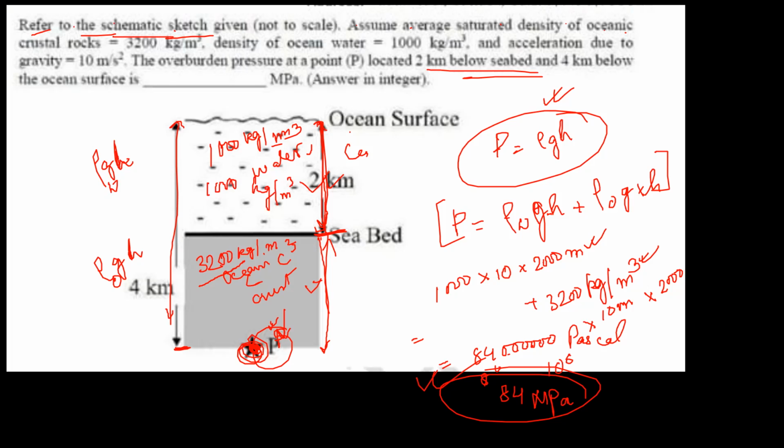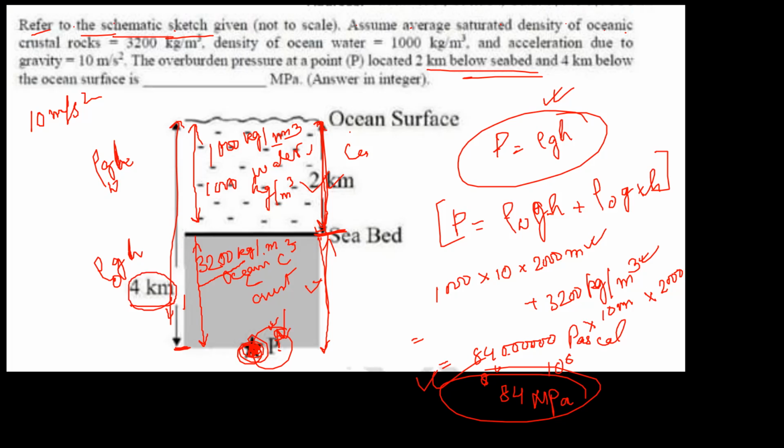That is given, and acceleration due to gravity is 10 meter per second square. The overburden pressure at point P. Where is point P? Here is point P. So what pressures are you getting? You are getting the lithostatic pressure as well as the hydrostatic pressure. The thickness of this unit is 2 and the thickness of this water unit is 2, so the total thickness is 4 kilometers.